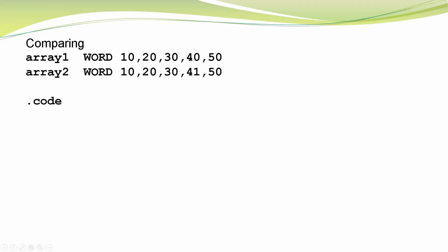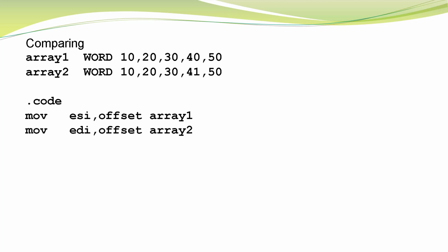As with the move instructions, if you're only going to compare two things, it really doesn't make sense to use these string primitives. But they do make a lot more sense with arrays. So let's start off with two word arrays, and we're going to compare them to see if they contain identical elements. First, we set up the registers, clear the direction flag, and set up the ECX counter.